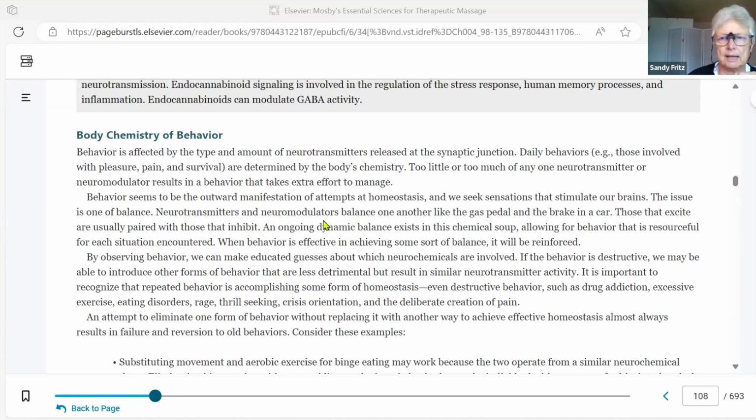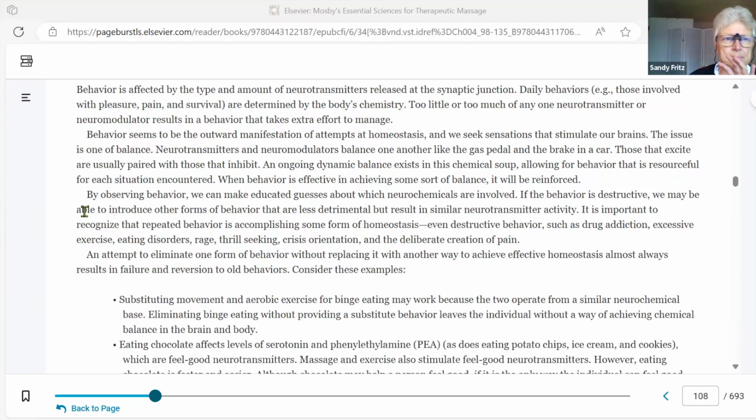It doesn't regulate like my body would do in maintaining homeostasis. But if my body can't do it, then I'm thankful that there is medication help with that. So by observing behavior, we can make some educated guesses. These are guesses, but it's kind of fun to do that.